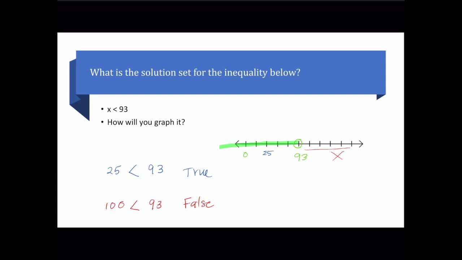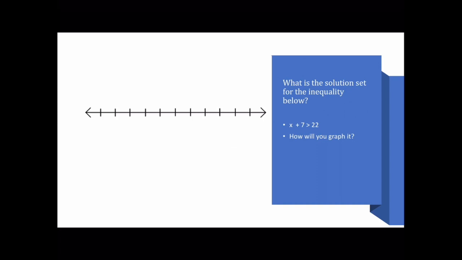Okay, the next problem. What is the solution set for the inequality below? x plus 7 is greater than 22. First thing is first, we have to solve this inequality to isolate the variable. To isolate the variable, I have to do the inverse operation. Since this is a plus, I have to do subtraction.